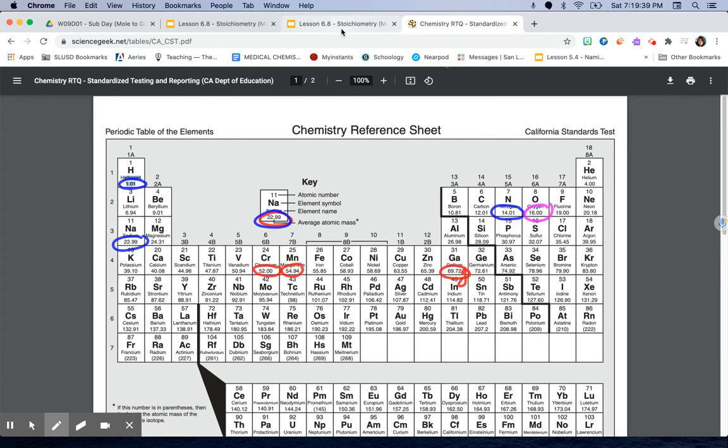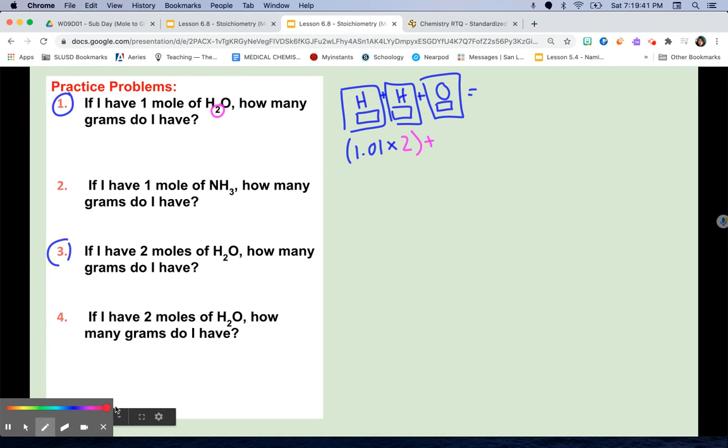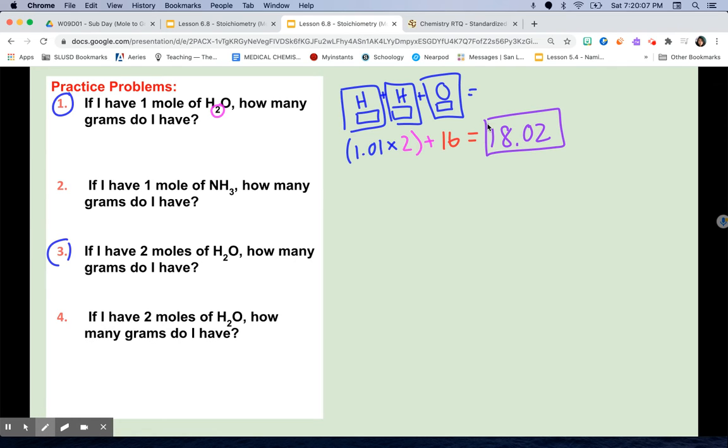O is 16. I don't need to multiply this one because I only have one O, since my subscript is 1. So my answer is going to be 1.01 times 2 plus 16, which will give me a total of 18.02. So I would have 18.02 grams.